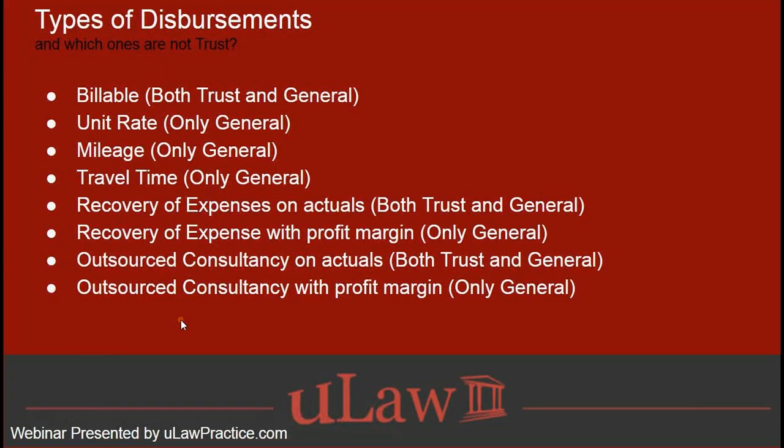But in a general sense, as I mentioned earlier as well, if you're paying disbursements and they're based on actuals, then the trust account is a fantastic candidate. If you're not recovering your disbursements on actuals, then most certainly only use the general account. It keeps it easier, simpler, less sluggish, less dirty, very straightforward.